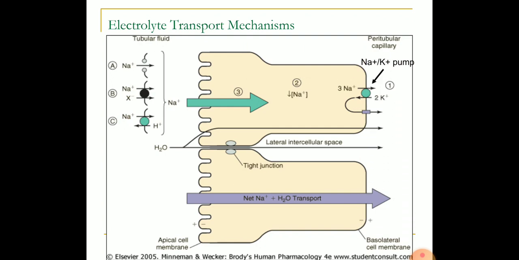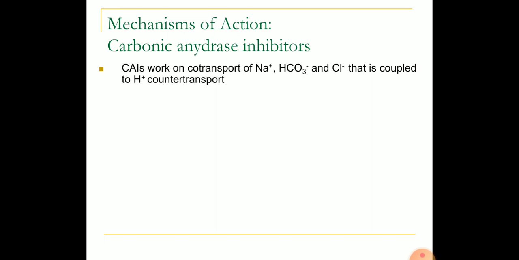Now this is a picture which will show you the transport mechanisms which I described above. If you look at this, you can clearly see these carrier mediated co-transport and the other mechanisms of transport of different ions.